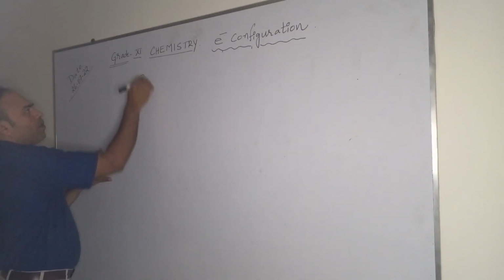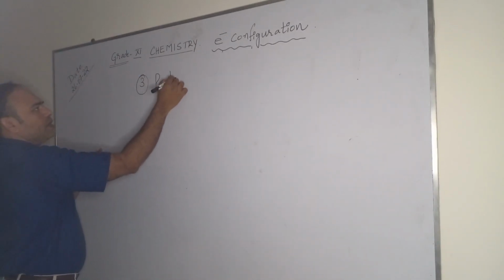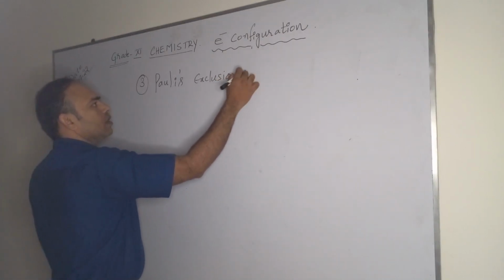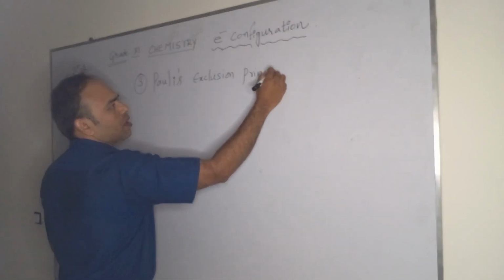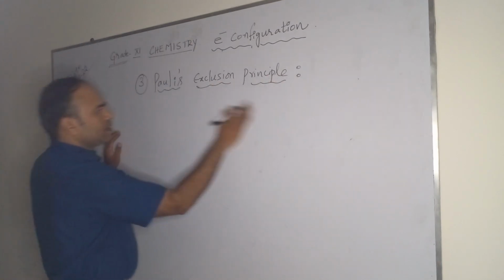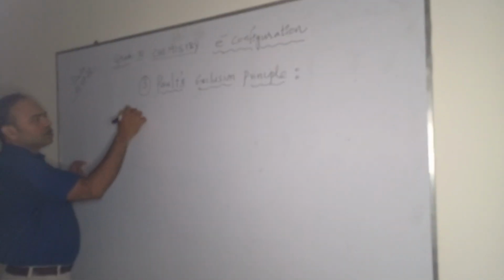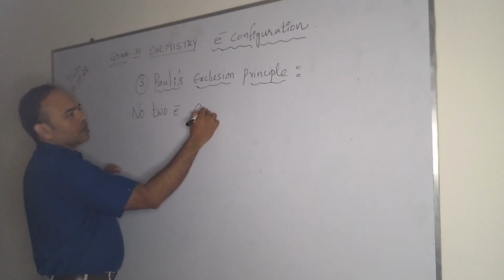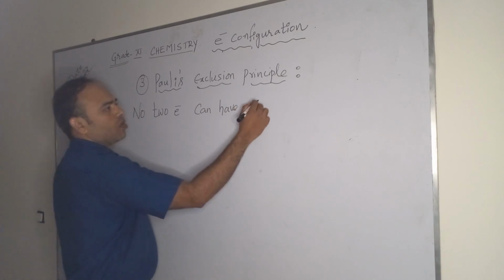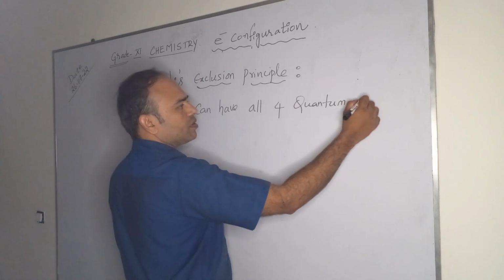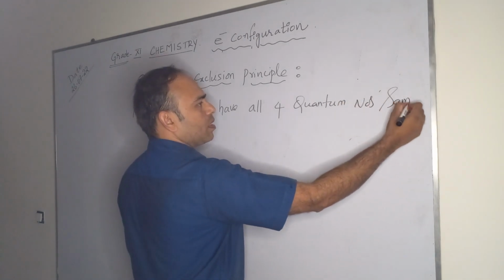So looking at this, what does Pauli's exclusion principle say? P-A-U-L-I, Pauli's exclusion principle says, according to the definition, that no 2 electrons can have all 4 quantum numbers the same.